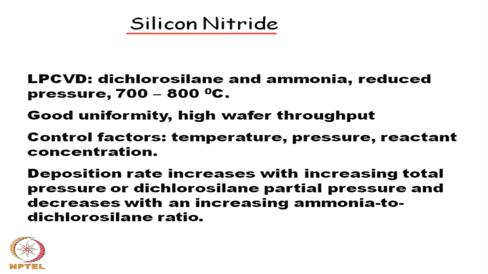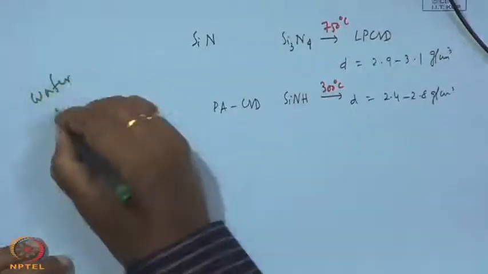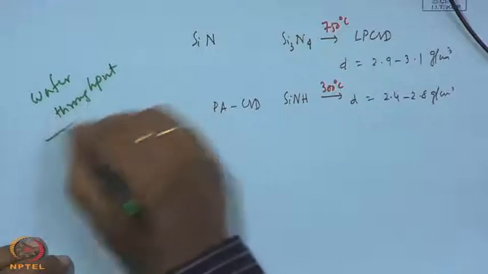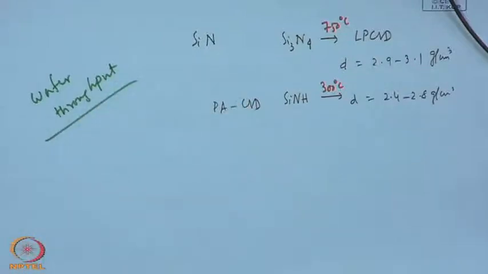That is a very interesting topic, and you see that in LPCVD, when dichlorosilane and ammonia are used, it has very good uniformity and high wafer throughput. We must define what is known as wafer throughput. Wafer throughput is the number of wafers that one can handle at a time.